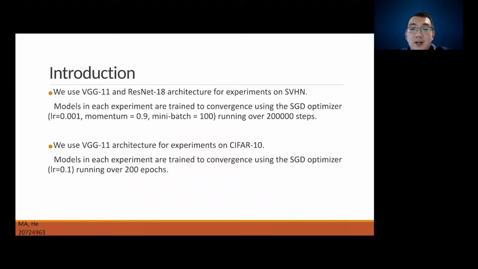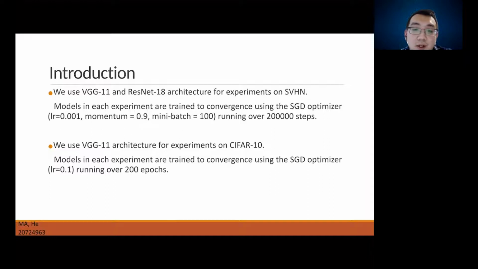For experiments on SVHN, we use VGG11 and ResNet-18 architectures. Models in each experiment are trained to convergence using the SGD optimizer. The learning rate is 0.01, momentum is 0.9, and the mini batch is 100.